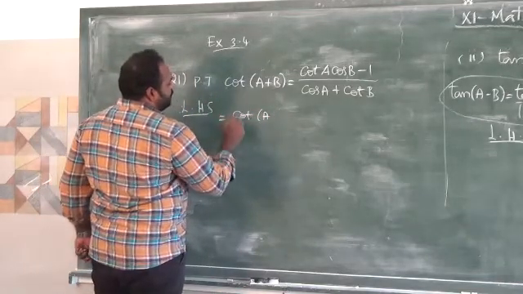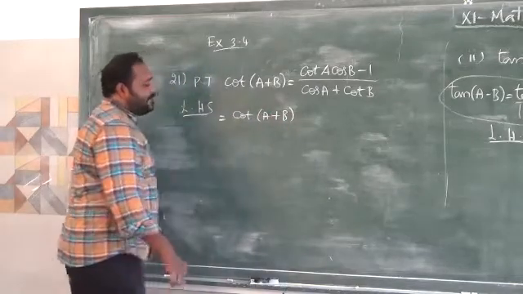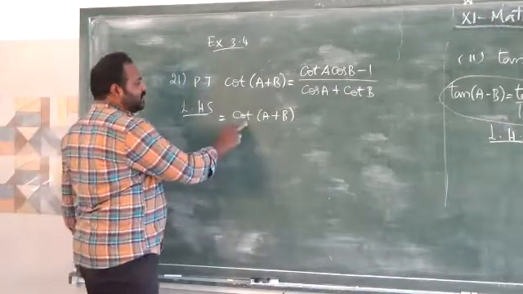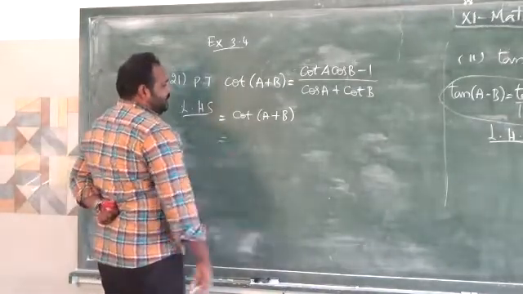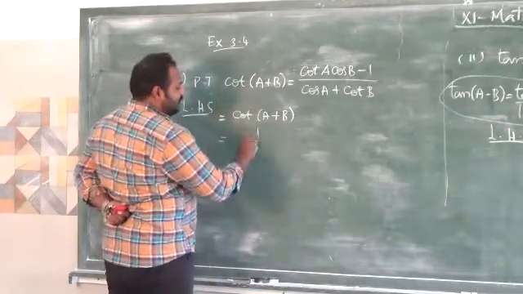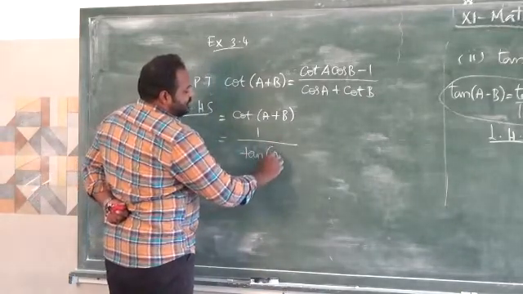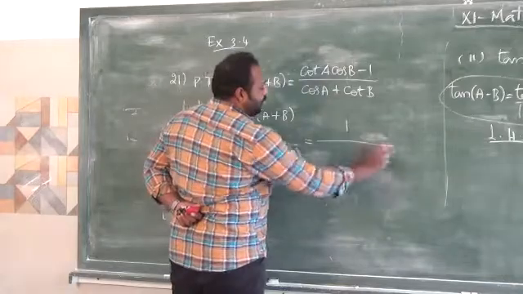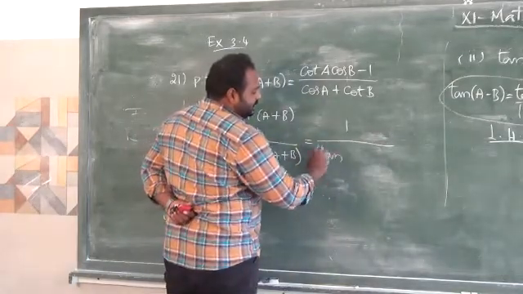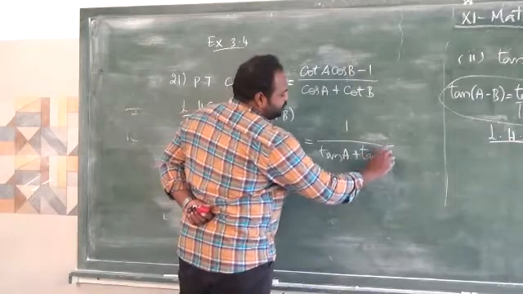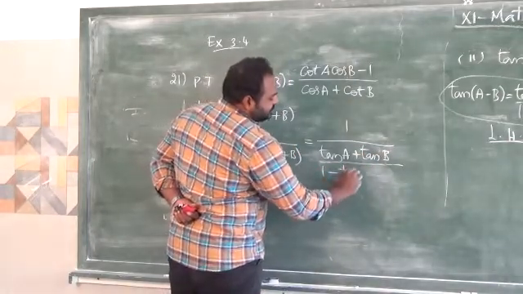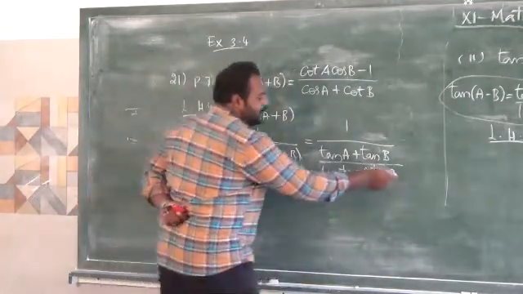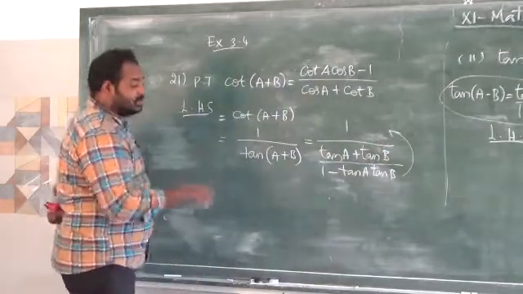Cot A plus B. So we don't have any formula for cot A plus B. So here what I am going to do, I am going to convert cot into tan. How can we convert it? Cot is the reciprocal of tan. So it can be written as 1 by tan A plus B, and the tan A plus B formula is tan A plus tan B by 1 minus tan A tan B. Take the denominator to the numerator, taking the reciprocal.